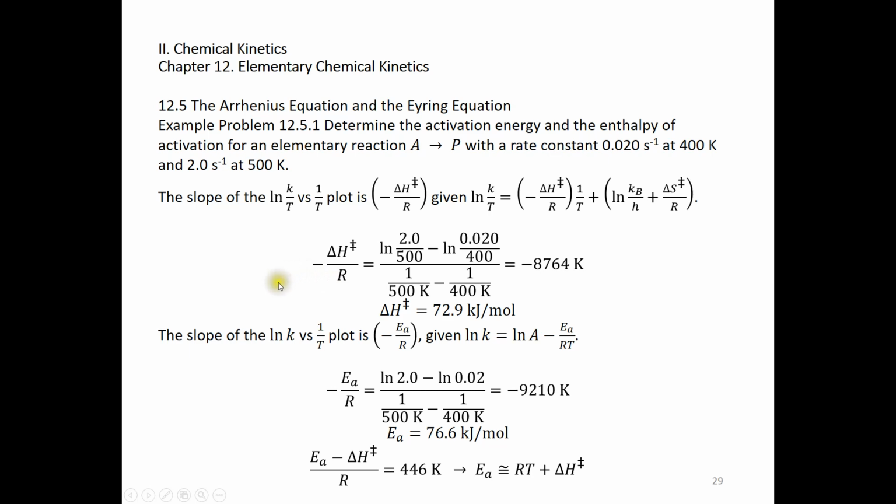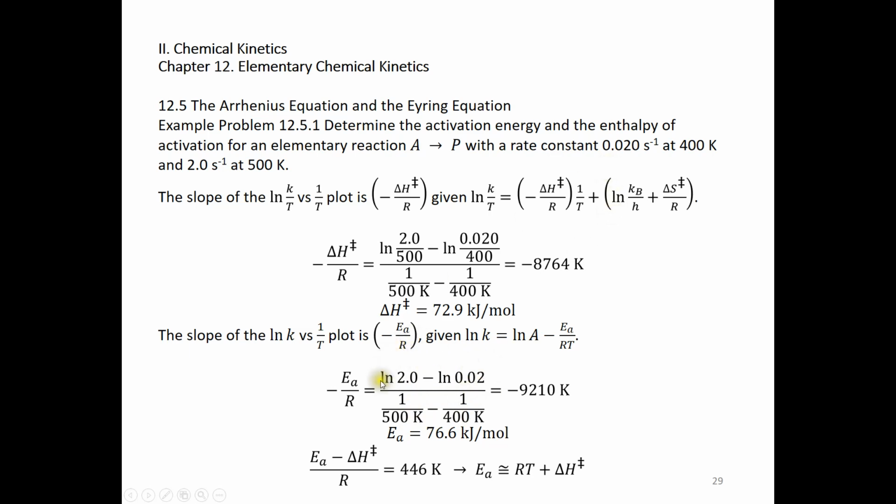Now we're going to do the analysis assuming the Arrhenius equation can be used for this reaction, and then we plot ln k versus 1/T. The slope is now negative activation energy over R. Again, the slope is just Δy over Δx, with y as the vertical, x as the horizontal.